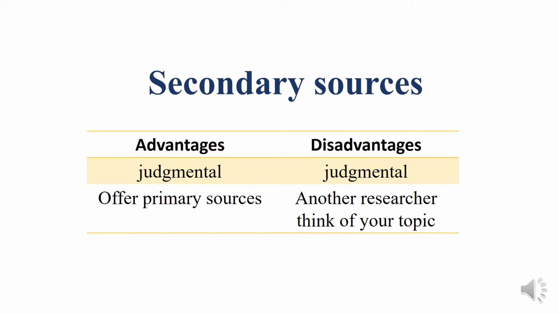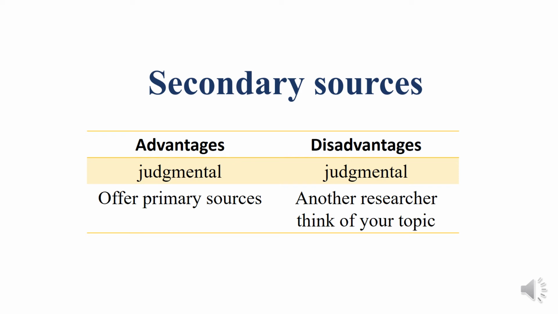So the advantages and disadvantages of secondary sources: we have the main point, which is that they are judgmental, and this may be considered both an advantage and a disadvantage. How? The disadvantage of secondary sources that we mentioned, that they usually present judgments about the source material, is at the same time one of their most important advantages. For example, let us say some author writes about the disadvantages of the grammar translation method.